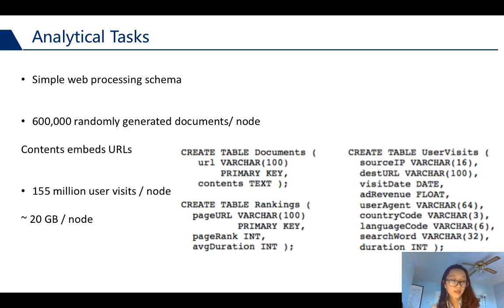Each document consists of a URL character string and then a blob of text, and each node holds about 155 million user visits, which represents about 20 gigabytes of data per node.